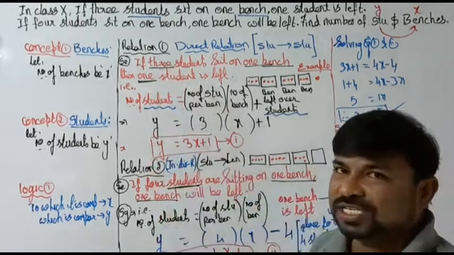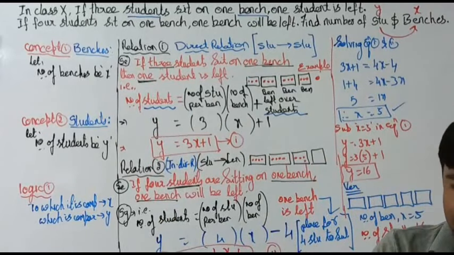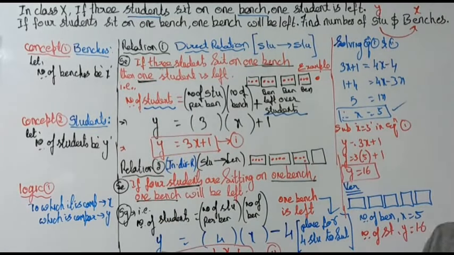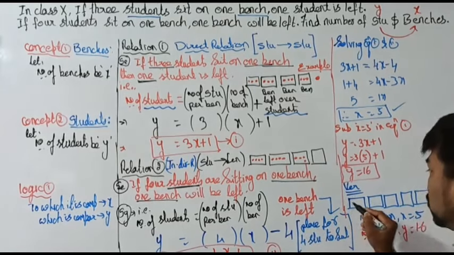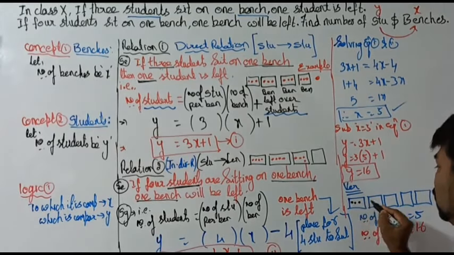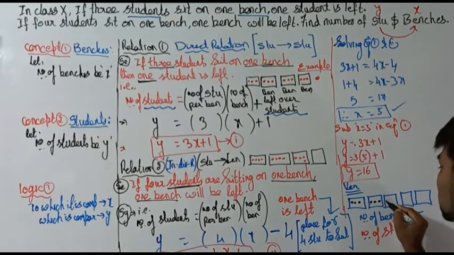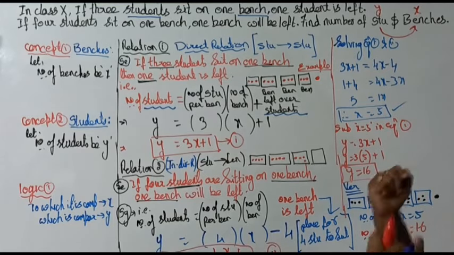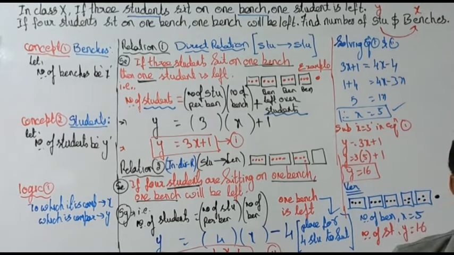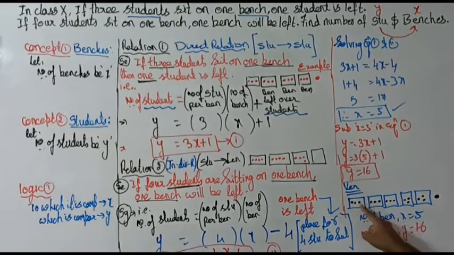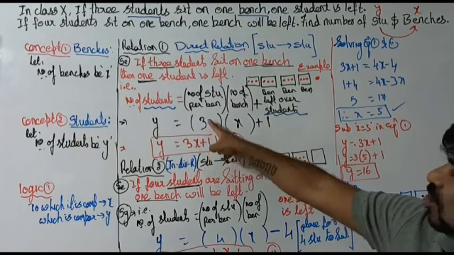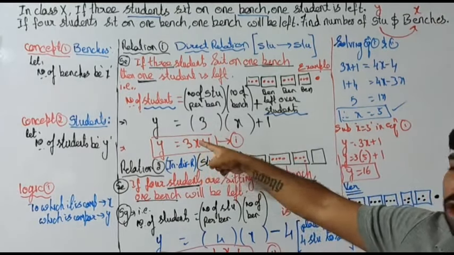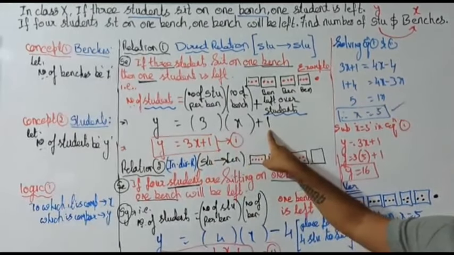What is the first relation? If 3 are sitting on one bench, let me make 3 students sit on one bench. 1, 2, 3, 4, 5, 6, 7, 8, 9, 10, 11, 12, 13, 14, 15 and yes, 1 student is left. If there are 5 benches and 3 are sitting on one bench, 1 student is standing out.